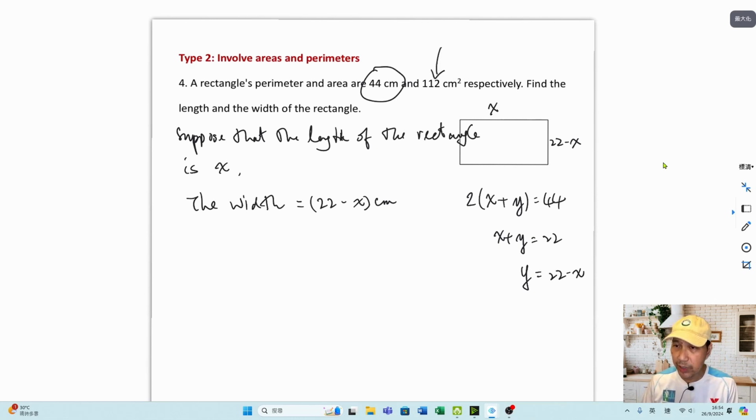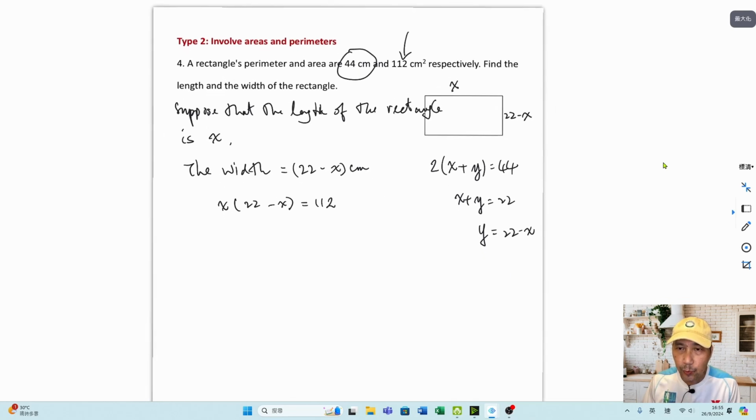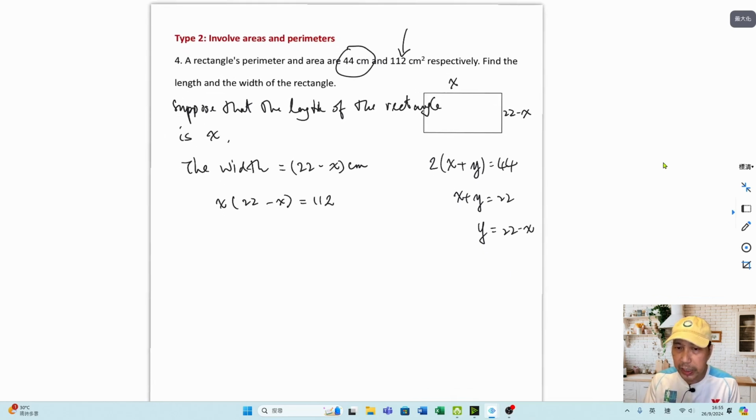Once we have the length and the width, we can use the information of area. Okay, the area 112 is equal to length times the width. Then we simplify these equations to make it ax squared plus bx plus c is equal to 0. Multiply the brackets.